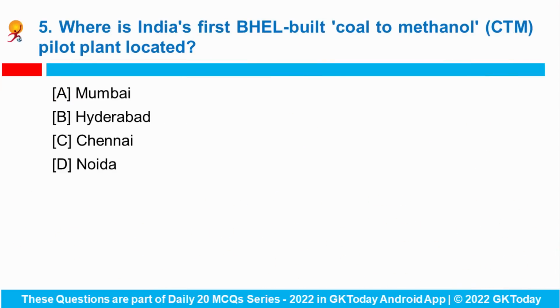Question number 5. Where is India's first BHEL-built coal to methanol pilot plant located? So Union Minister for Heavy Industries, Mahendra Nath Pandey, has inaugurated India's first BHEL-built coal to methanol pilot plant at Hyderabad.